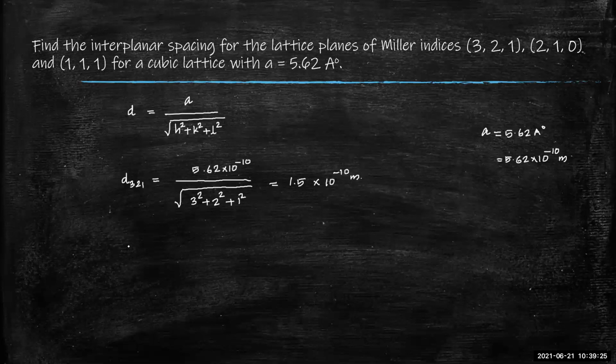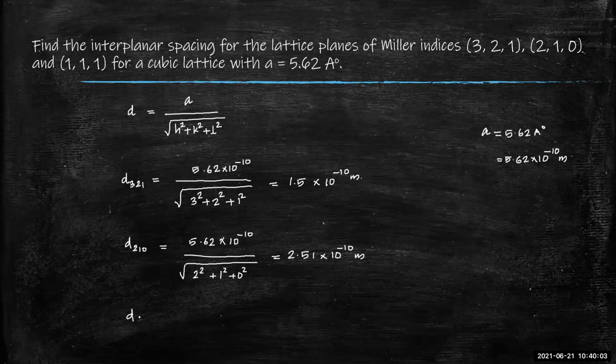And the next, for D210, that is equal to 5.62 into 10 raised to minus 10 divided by root of 2 square plus 1 square plus 0 square, that is obtained as 2.51 into 10 raised to minus 10 meter.